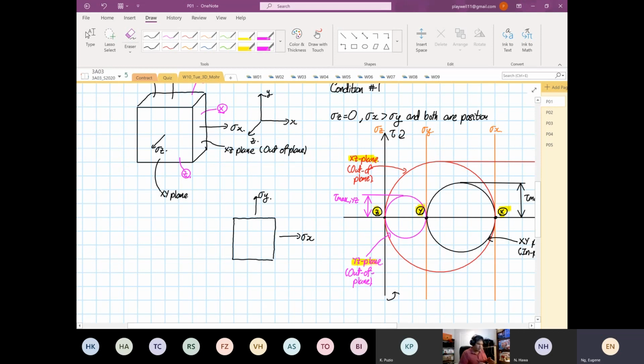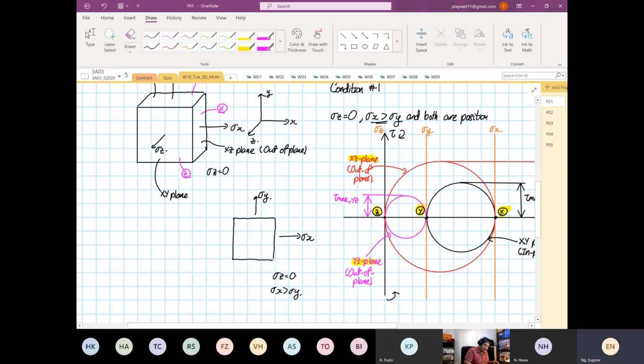Even for this case, both situations, whether it is 2D or 3D, stress z is equal to 0. Right? So for this case over here, stress z is also equal to 0. For this case over here, stress z is also equal to 0. Right? So if we just draw stress x is greater than stress y, the 3D case is also the same. Stress z is equal to stress y.